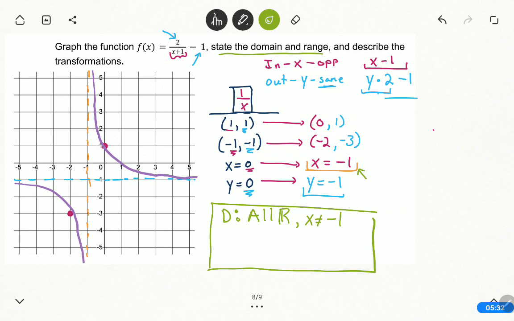And there's a number of ways to actually express this. And range is the same thing. All real numbers except for where the y asymptote is. Y can't be negative 1. And again, there's a number of ways that I could express this. This is just one of the ways.